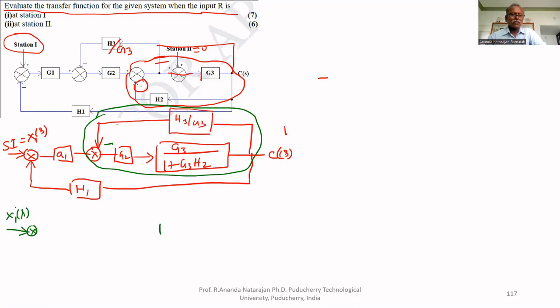If you remove that, what you will get is X1 of S, that is station 1, then G1, and G2, G3 is multiplied.